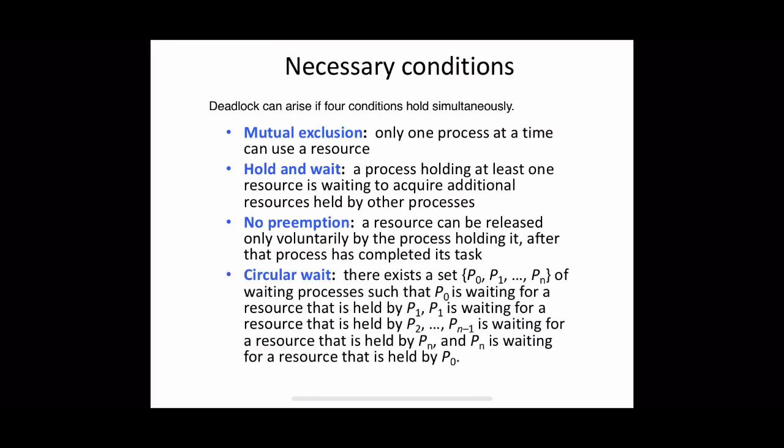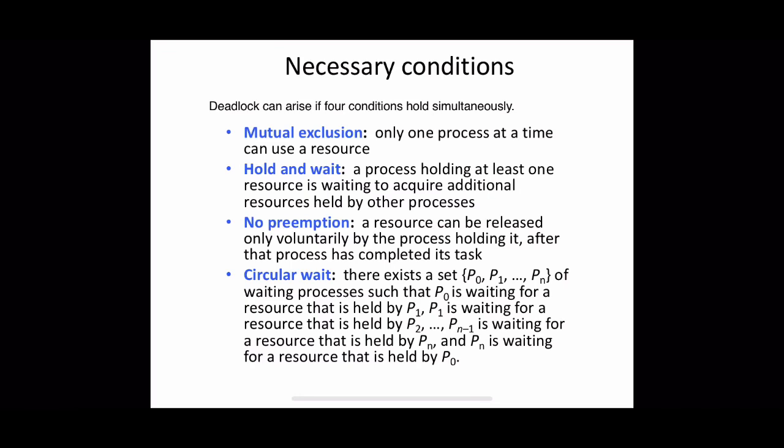And the fourth and final condition is circular wait. There should be a set of processes P0 to Pn such that P0 is waiting for a resource held by P1, P1 is waiting for a resource held by P2, and so on, and finally Pn is waiting for a resource held by P0.